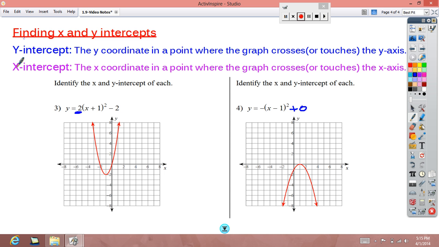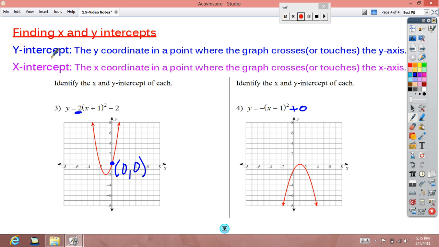Alright, but what we're looking for here is x and y intercepts. So in my first graph here, where does this graph cross the y-axis, right? The y-coordinate. Well, the y-axis is my line right here, right? And so my graph crosses that at this point. And so what point is that? Well, that's 0, 0.